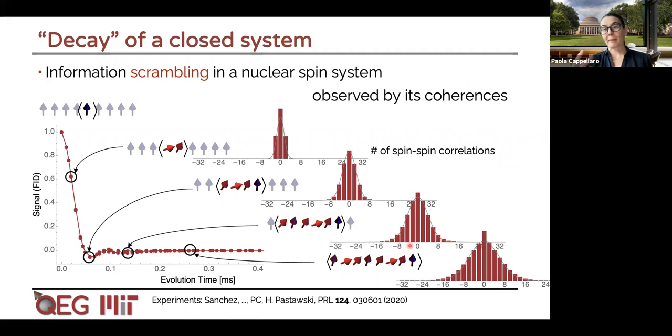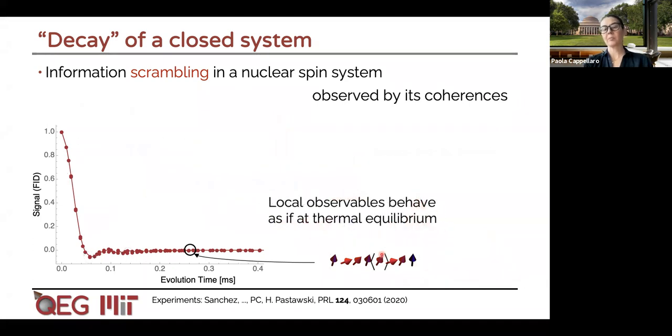But the message is that I have signal even when, if I just look at this total magnetization, I had basically noise. If I look at my system in a different way, if I reveal the coherences, the signal is still strong at very long times, where apparently I would have just said, okay, my system has decayed down due to decoherence or something else. And so really these nuclear spin systems start to tell you, if you look at local observables, you see something which looks like thermal equilibrium.